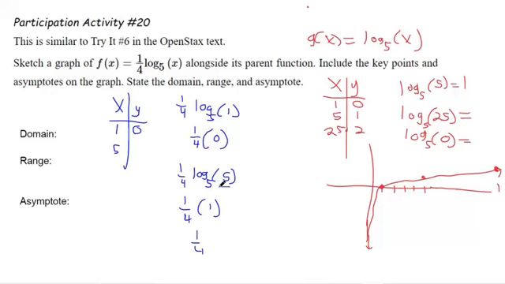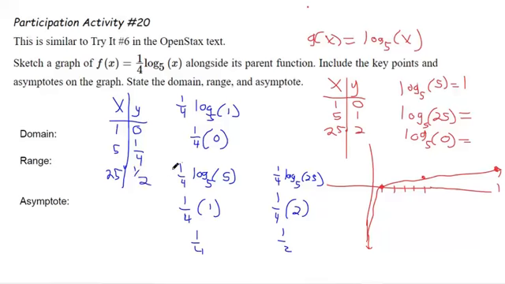If I plugged in 5 for x, I got out 1/4 for y. And one more, if I plug in 25 over here, I got 1/4 log base 5 of 25. We said that this result is 2, right? When we plugged it in over here into our parent function. 2 times 1/4 is 1/2.